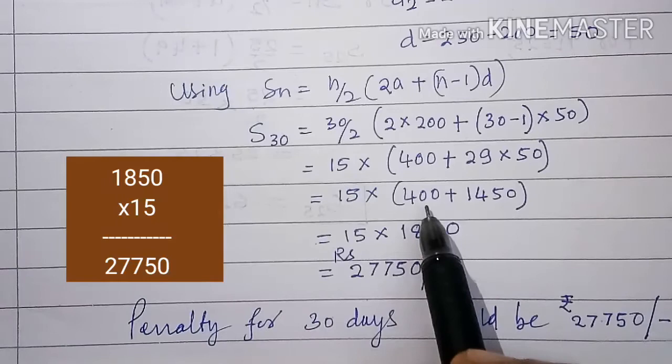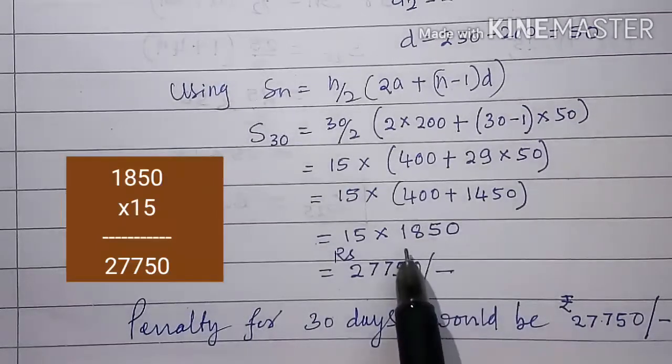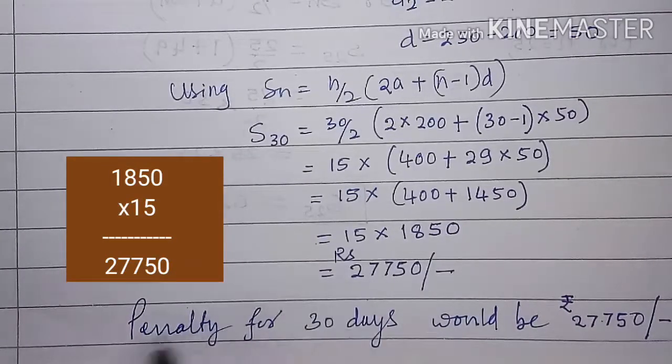If we add 400 and 1450, we'll get 1850. So 1850 into 15, if we multiply, we get 27750. So for 30 days, the contractor will have to pay a penalty of rupees 27750.